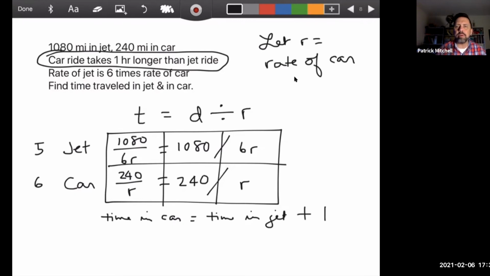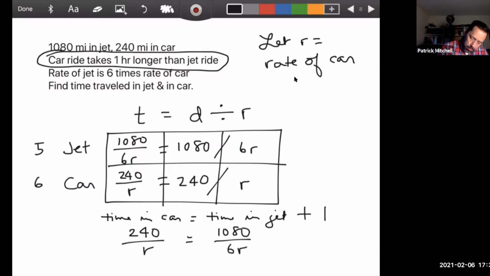It's very easy to put that plus 1 on the wrong side of the equation. So this equation should say 240 over r equals 1080 over 6r plus 1.